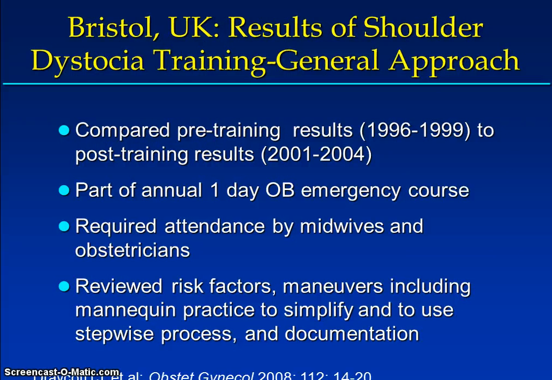What about the results from the standpoint of actual patients? In this study, again from the group in Bristol in the United Kingdom, they looked at pre-training and post-training results. And all physicians and all midwives who did obstetrics were required to undergo a one-day emergency course, which included, as listed in the last bullet, approaches to deal with shoulder dystocia.